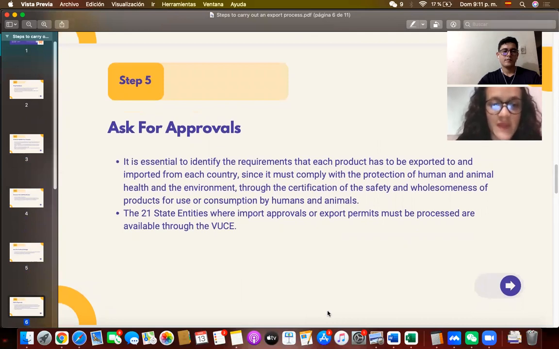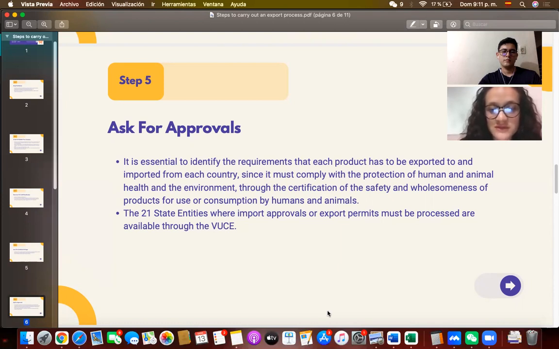Step 5, ask for approvals. It is essential to identify the requirements that each product has to be exported to and imported from each country, since it must comply with the protection of human and animal health and the environment.